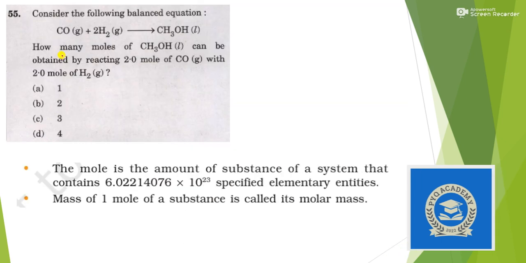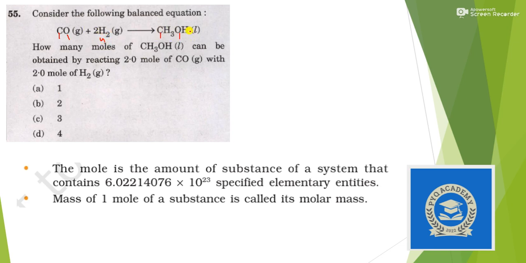Next, consider the following balanced equation. Since it is a balanced equation, it becomes a very easy question. Otherwise you would have to check the number of carbon, oxygen and hydrogen atoms. There is one carbon, one oxygen, and 4 hydrogen, that is 3 plus 1.